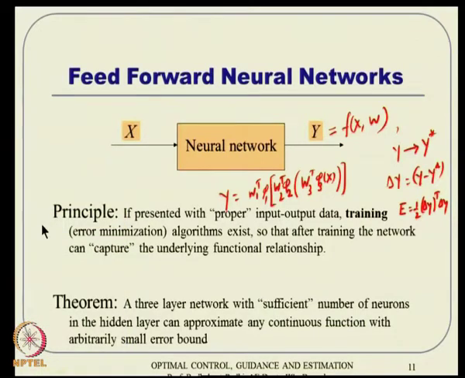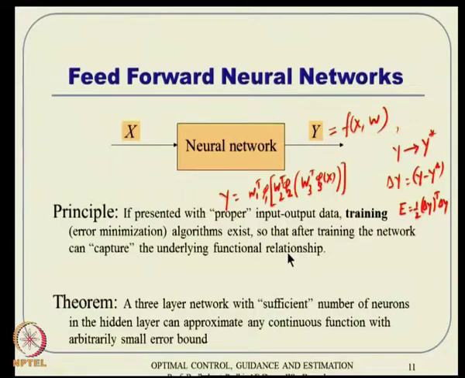Okay. Now coming back, what it tells us is that if presented with proper input output data, and providing proper training data is again a careful job, then there are training algorithms, essentially error minimization algorithms, so that after training the network can capture the underlying functional relationship. These are not number fitting, these are function fitting actually.